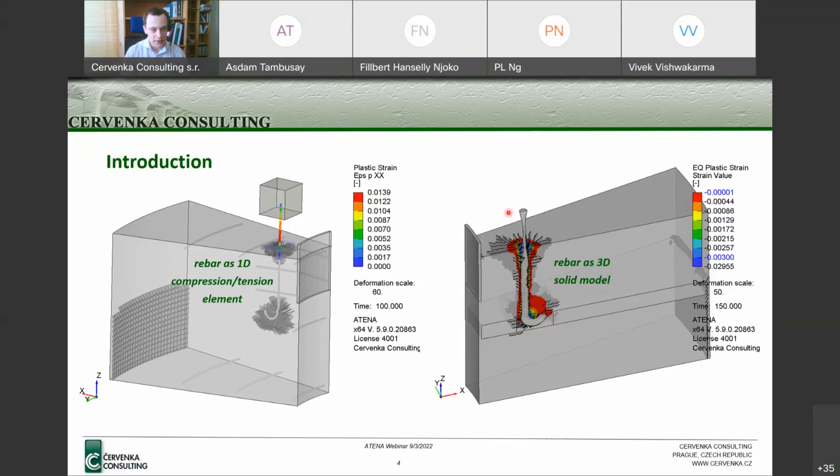Here you can see that in this model the failure mode is yielding of the anchor, as indicated by the plastic strains on this image, or on the right image we can see some necking behavior of the anchor, because the 3D elements can nicely display this kind of behavior. However, for today we will be focusing only on modeling in this approach where the reinforcement is represented by 1D elements.